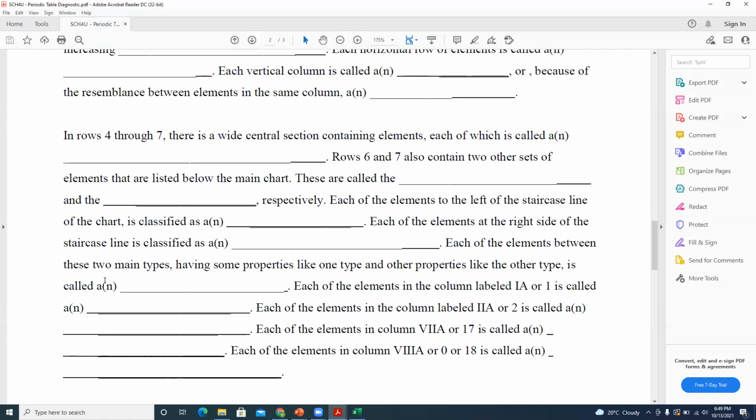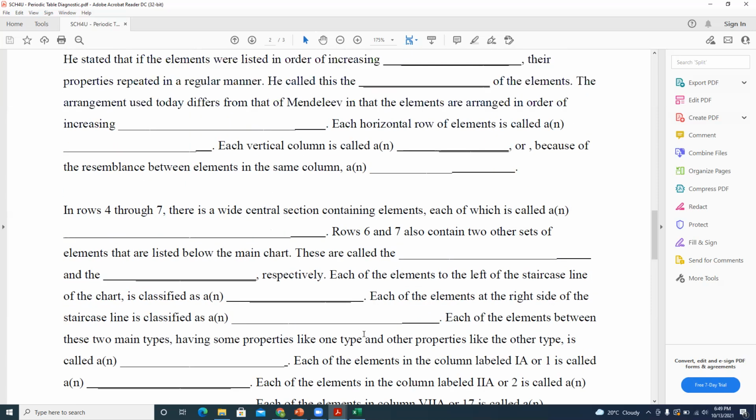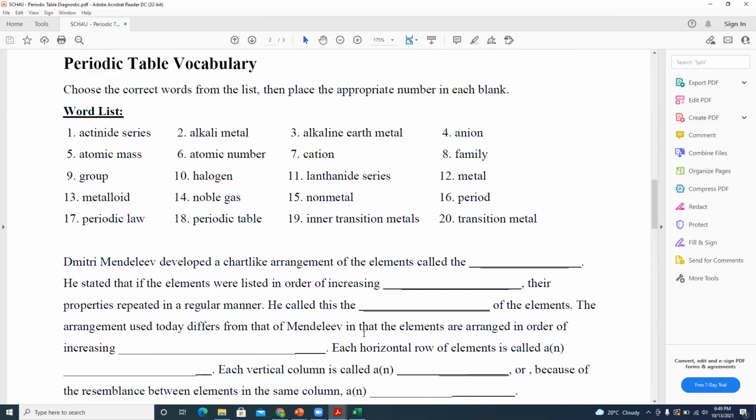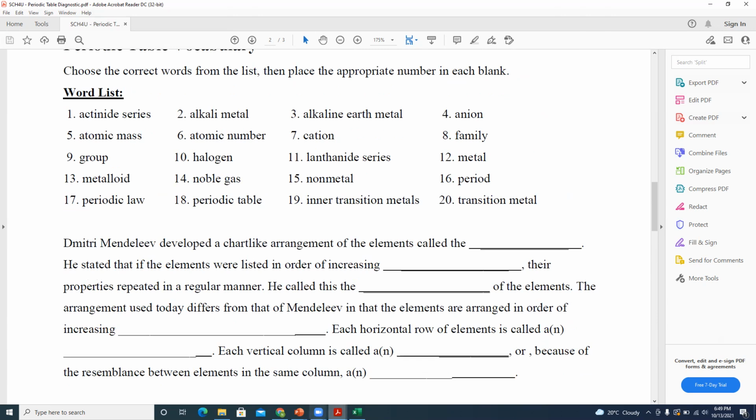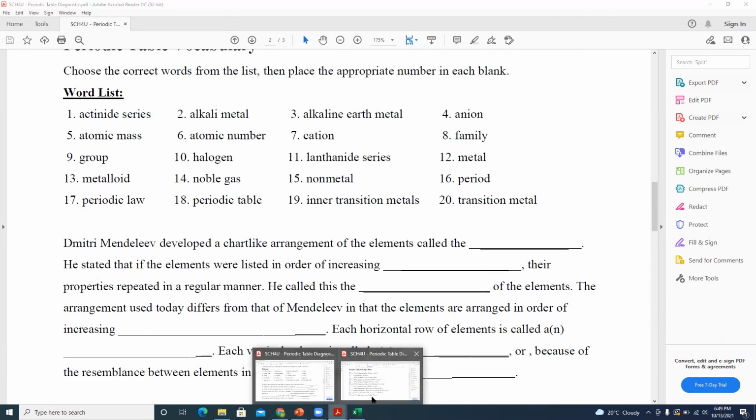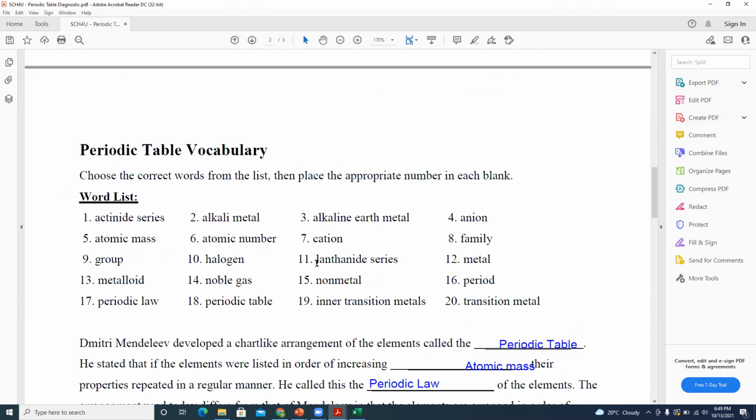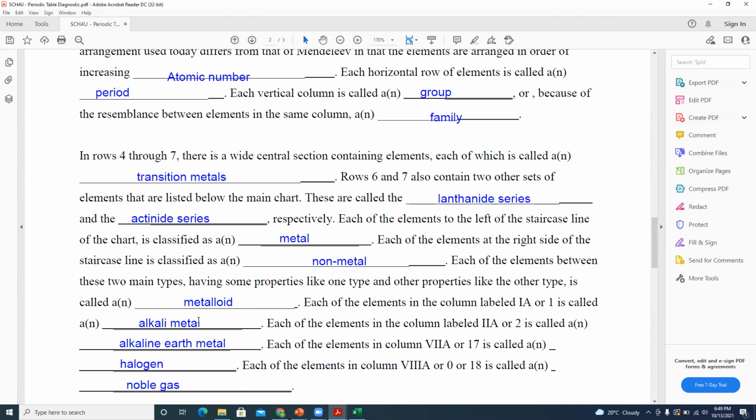Each of the elements between these 2 main types, having some properties like one type and other properties like the other type, are called the metalloids.